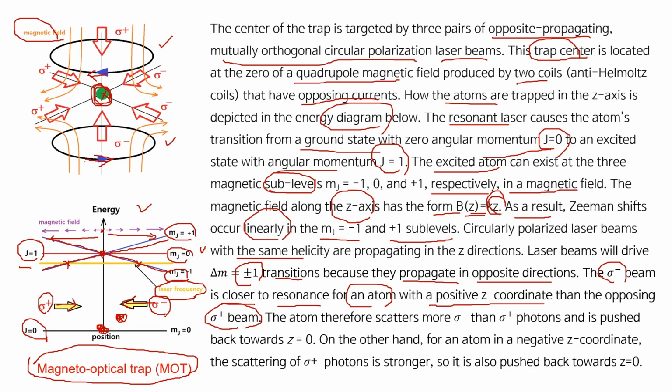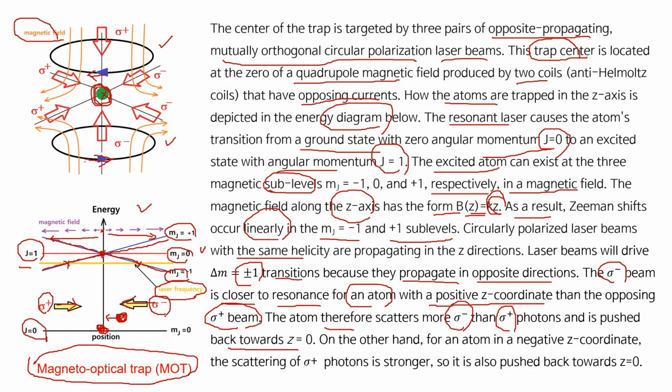So the atom therefore scatters more sigma minus than sigma plus photons and is pushed back towards z equals 0. So the atom in this position is influenced by sigma minus more than sigma plus, so through the interaction, this atom is pushed back to z equals 0.